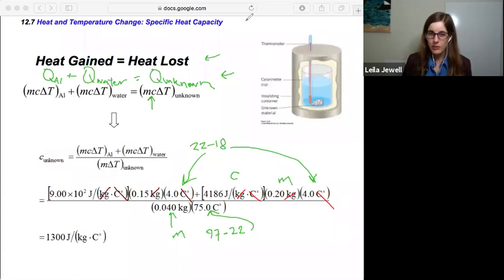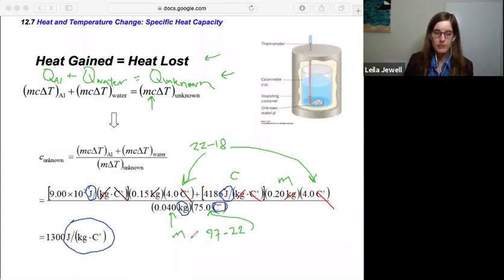So what we're left with, when all is said and done, is we have joules in this first term and joules in the second term. It's being divided by kilograms and Celsius degrees. So that's how we get to units that we typically have for specific heat capacity, joules per kilogram per Celsius degree. And the number comes out to 1,300 joules per kilogram per Celsius degree.